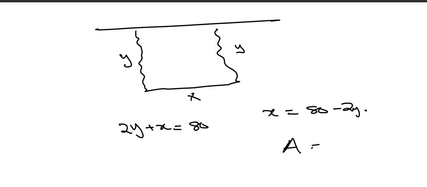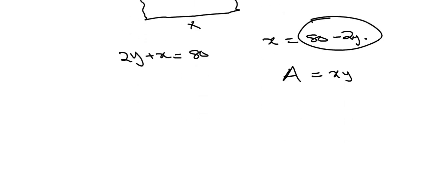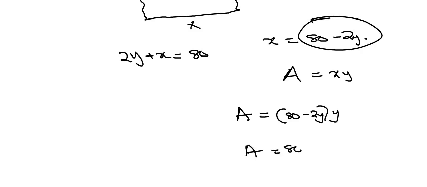The area of a rectangle is length times breadth, so xy. Wherever there's x, we substitute 80 minus 2y. Then we have y: A is equal to 80y minus 2y squared.